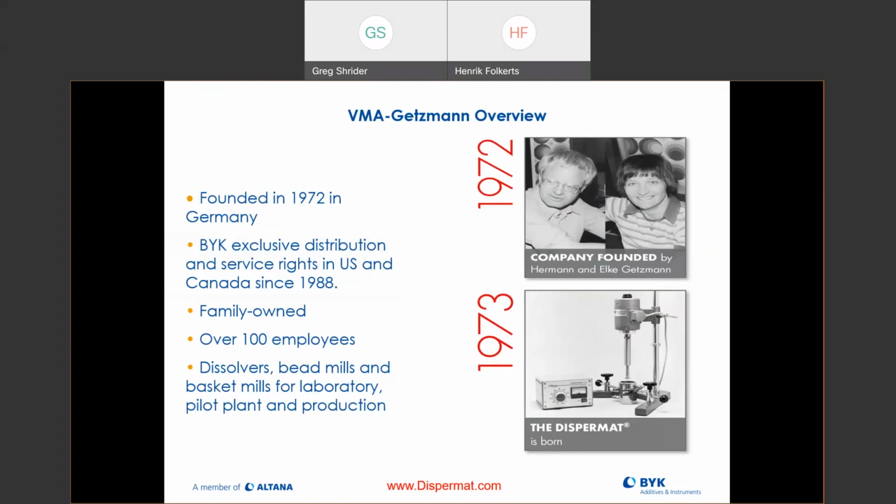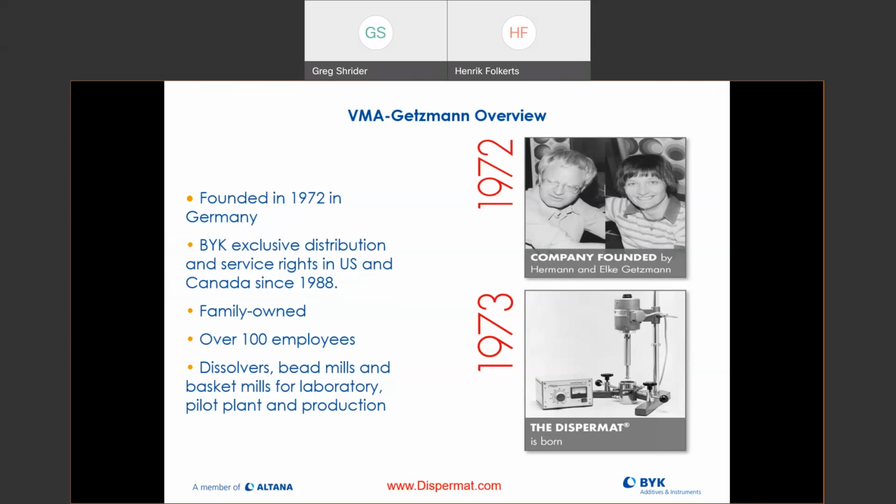Right now they have about 100 employees all over the world, so it's a very fast-growing business. They are known for high-end feed mills, basket mills, vertical and horizontal milling equipment for the laboratory, pilot, as well as manufacturing. In the US, we started offering manufacturing equipment about 3 years ago. It's been very successful, and we have some really unique technology that will make everybody's life a lot easier when you look at manufacturing. So we'll cover that as well.